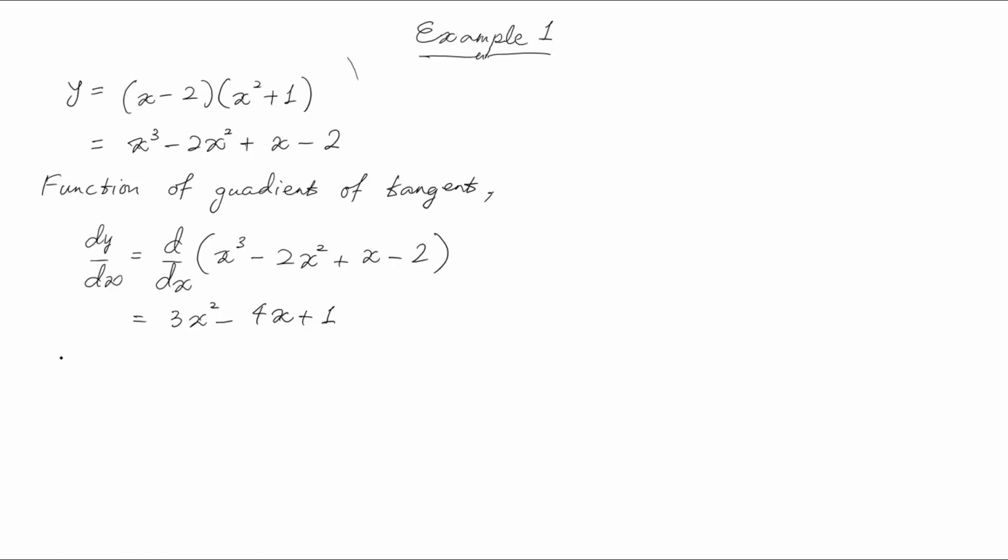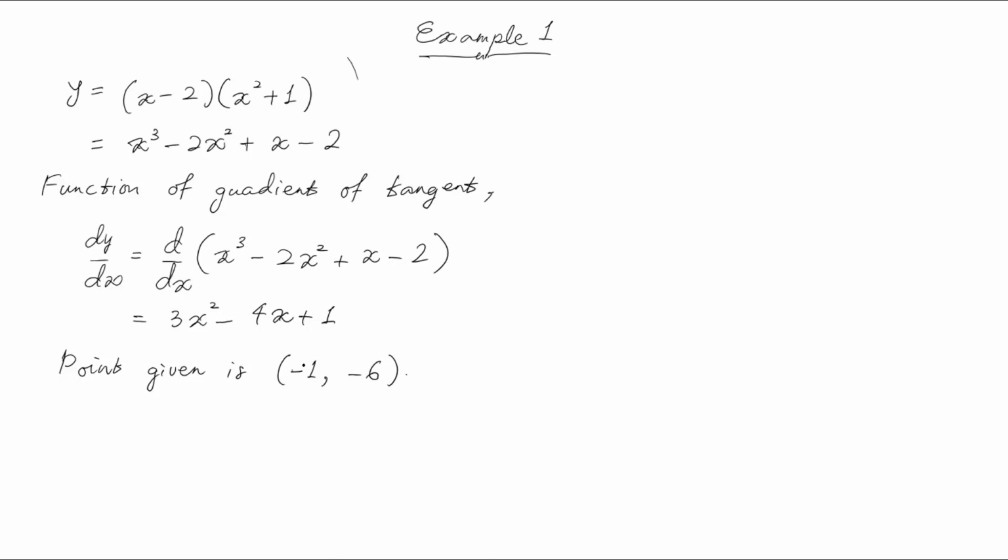So we have a given point which is -1, -6. So the point given is -1, -6.